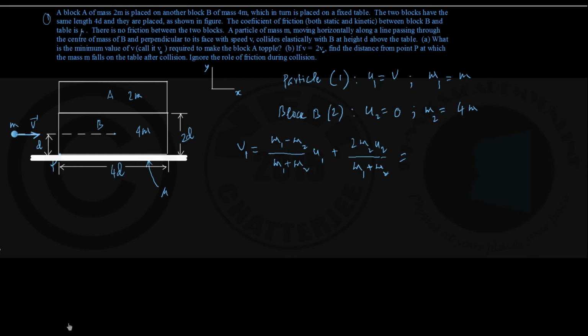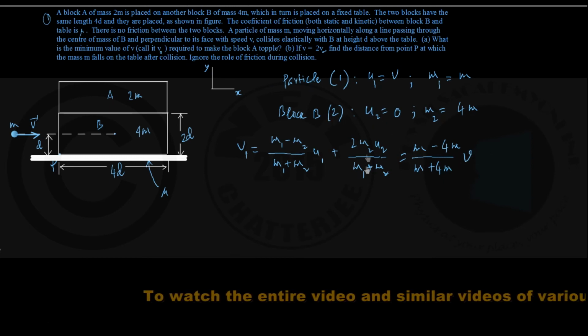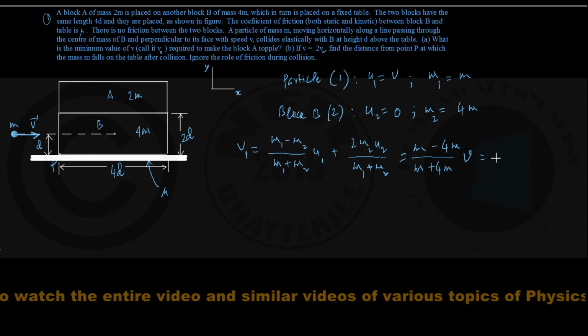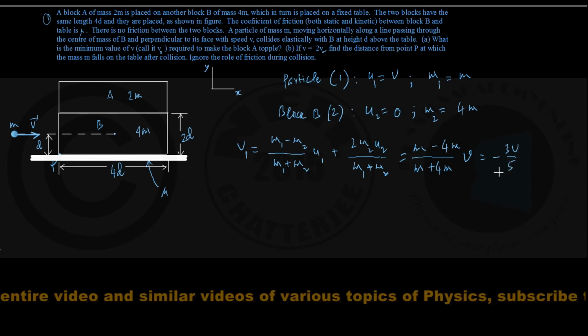Putting in the values: (m minus 4m) divided by (m plus 4m), u1 is equal to v, and since u2 is 0 for the block B initially at rest, the second term vanishes. The m's cancel out, and v1 comes out to be minus 3v by 5.